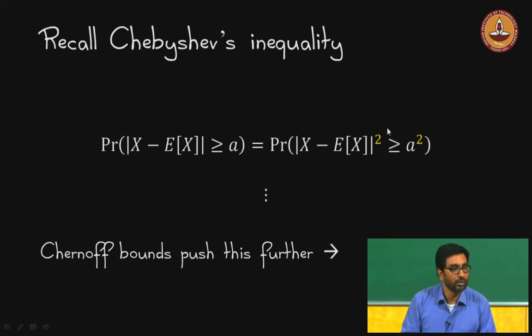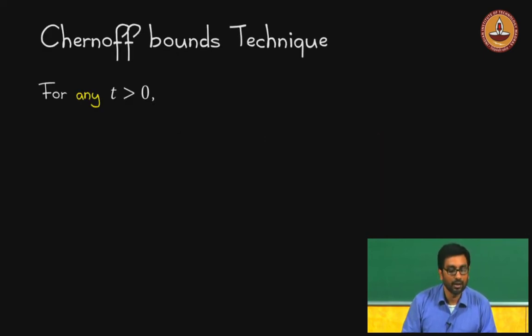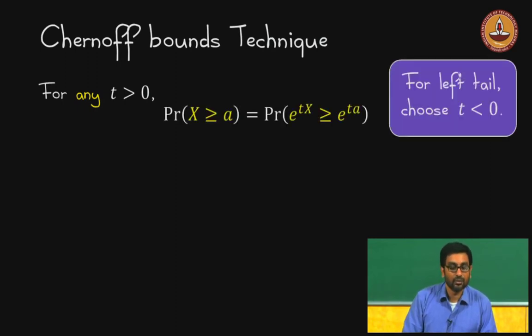What we are going to do is not square it, but take the exponential. So, now let us say you want the probability that x exceeds a certain quantity a. What we do is we pick a suitable t, which is some quantity greater than 0.